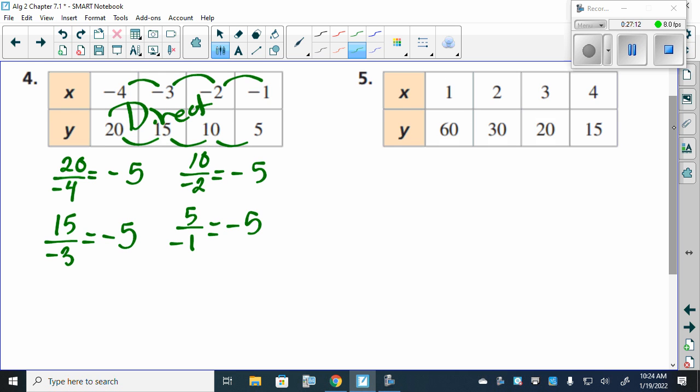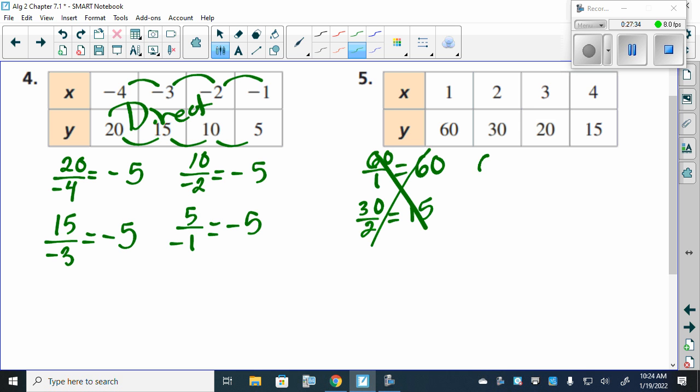Let's look at the next one. So it's not direct, because we can see that 60 divided by 1 is 60. 30 divided by 2 is, okay, well that's not going to work.